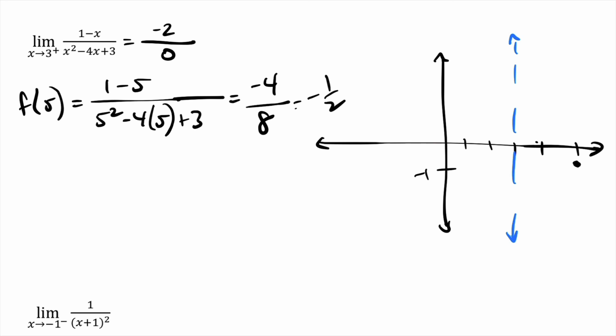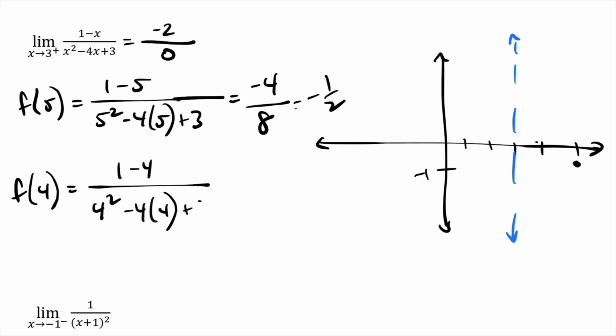Okay. Now let's plug in 4. 1 minus 4, 4 squared minus 4 times 4 plus 3. So we get negative 3. 4 squared is 16. 4 times 4 is 16. So those cancel each other out, and I'm just left with 3. Negative 1.